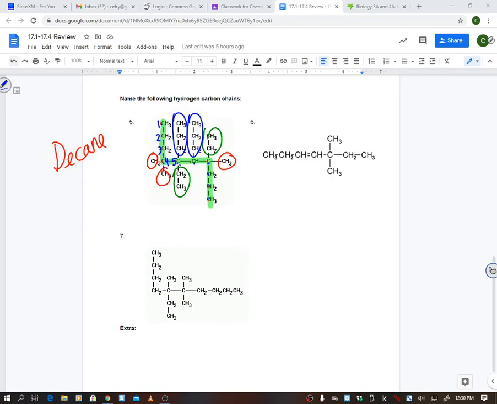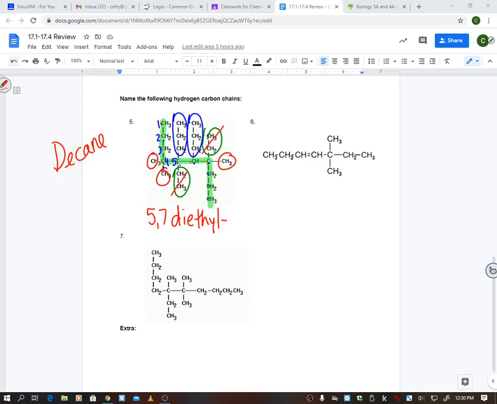So let's go ahead and start naming this. Ethyl's going to come first. So that is 5, 7, diethyl. Okay, so I did those. Now my methyls are going to come next.